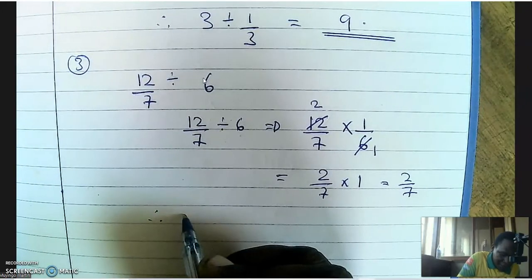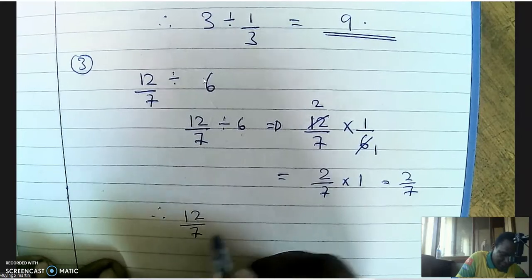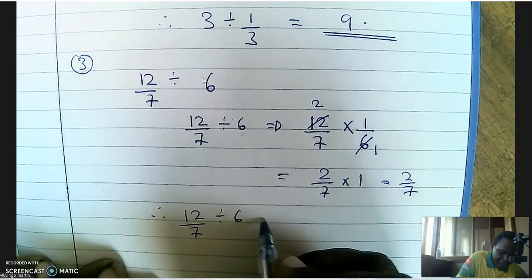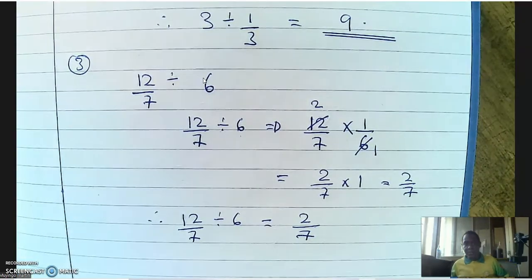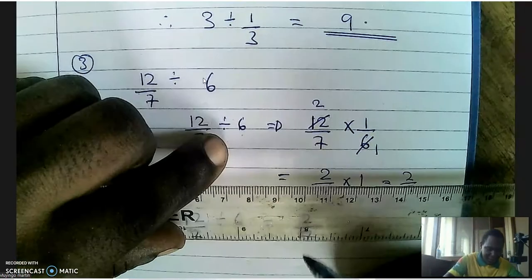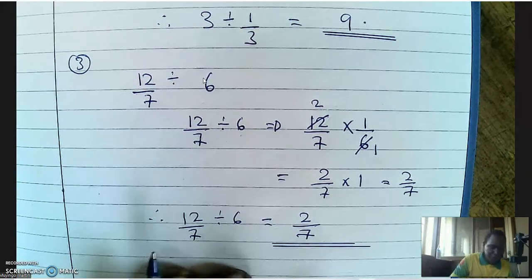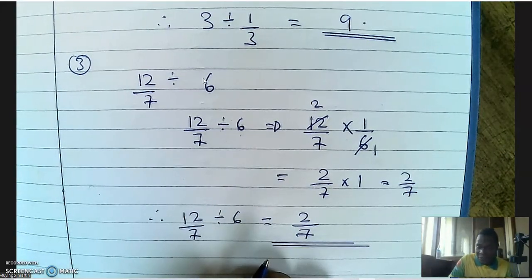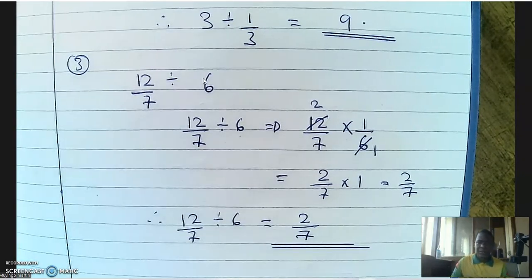Therefore, the answer of 12 out of 7 divided by 6 is 2 out of 7. I hope we are together with that.